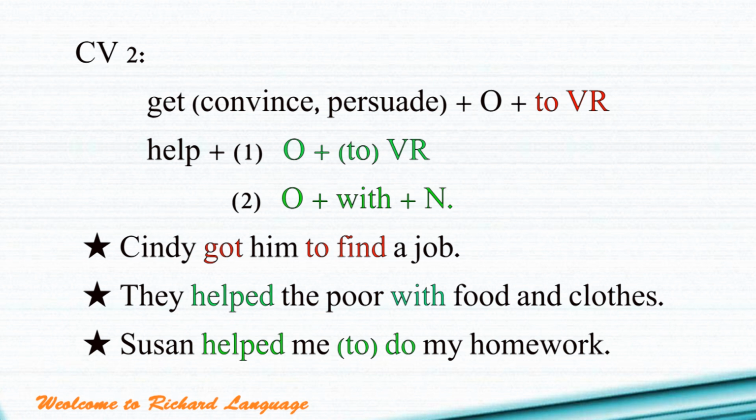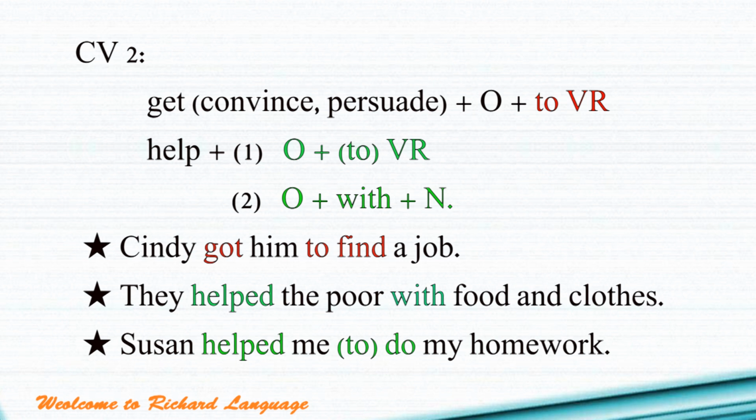And the second causative verb is help. You have two ways to use help. The first way is you use one object, and then you use to V or V. Both are correct. Whenever you use the word help, you use an object, then you can use the infinitive or VR.